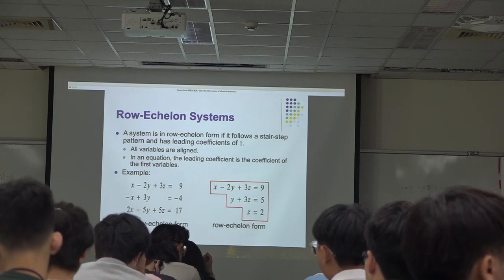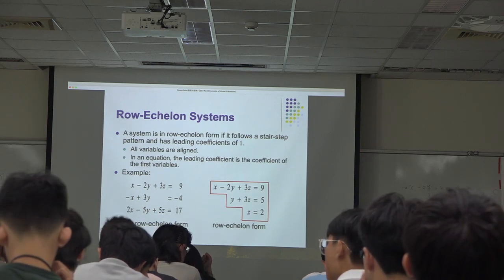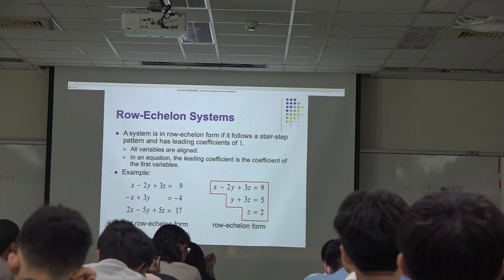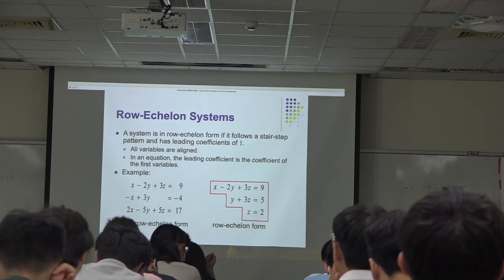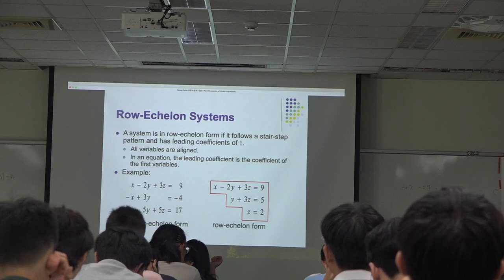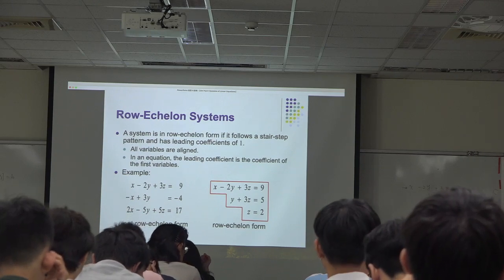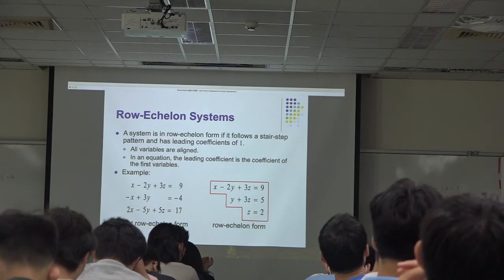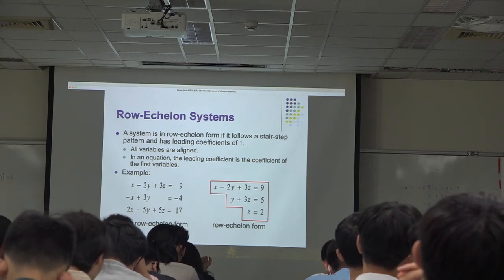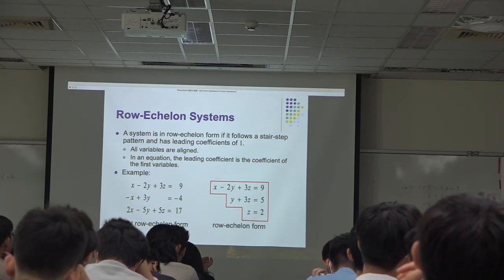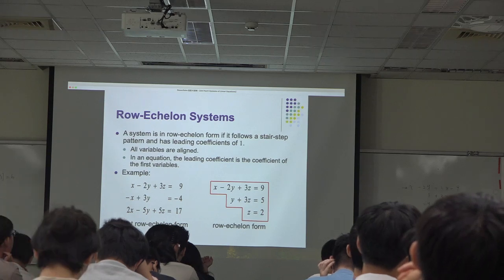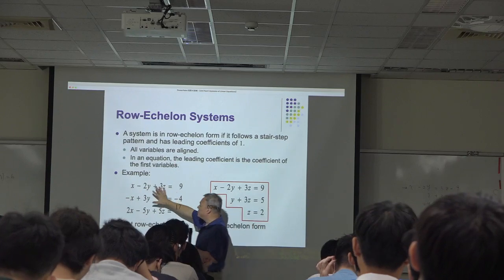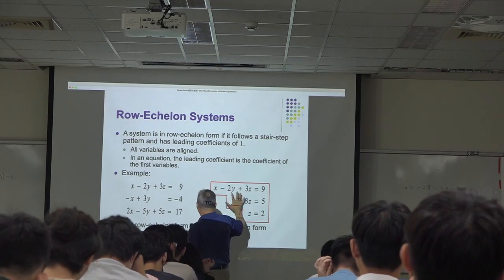The x and y coefficients are both 0, but the leading coefficient for z is not 1, so we need to change that to 1. We divide the whole thing by 2, so we get z equal to 2. So that's how we can move from the left-hand side to the right-hand side.